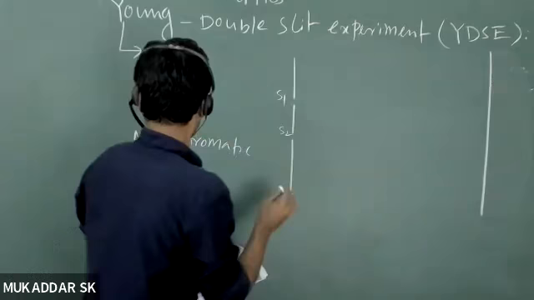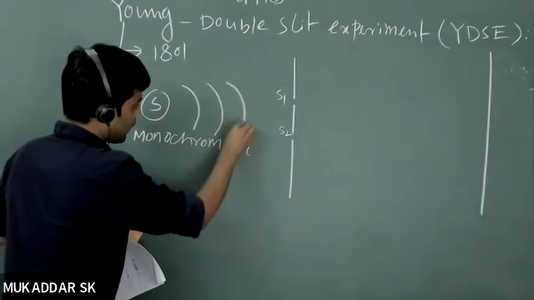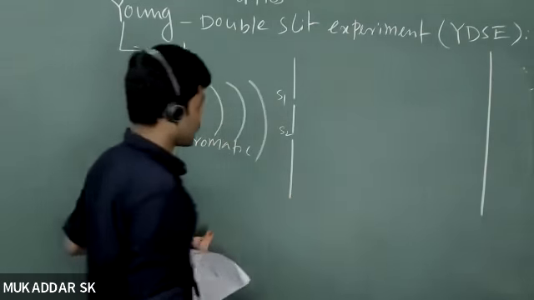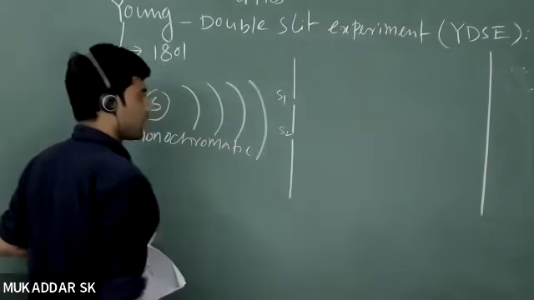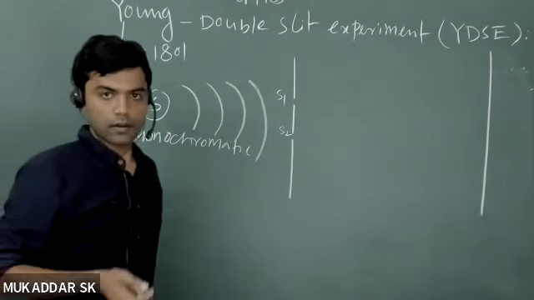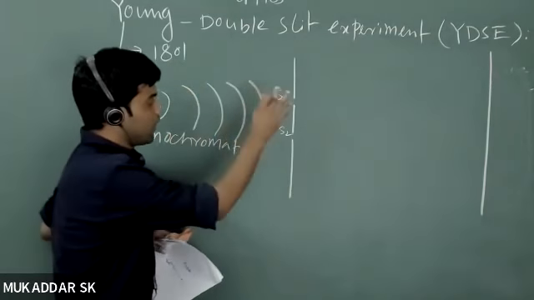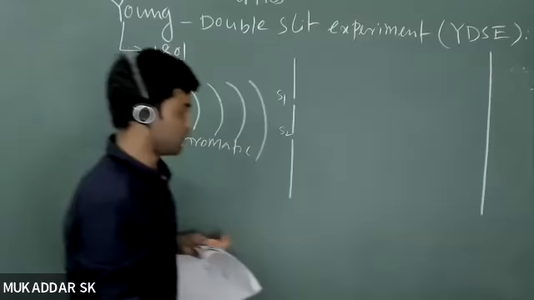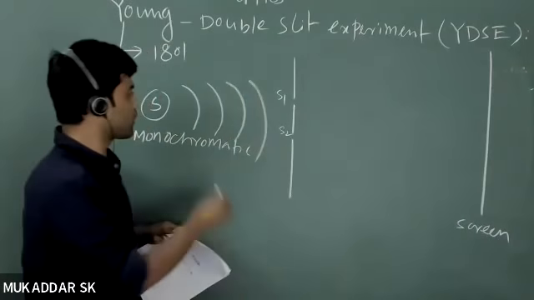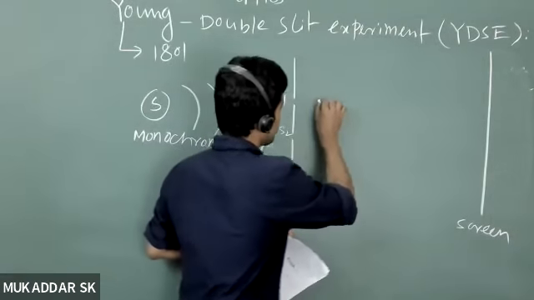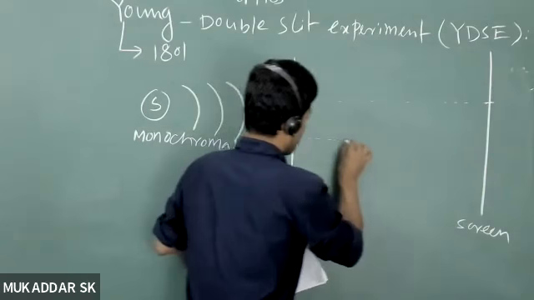When this monochromatic ray comes, it comes like a wavelet, passing through these two slits. The size of these slits is very small, of the order of a millimeter. Now, if light had only particle nature, what would you expect on the screen?